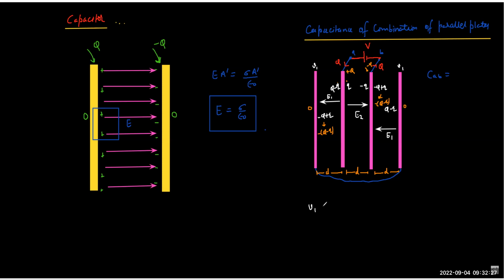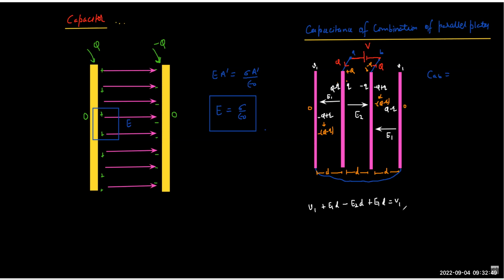So the potential will rise by E1t. Next it will decay by E2t because we are moving along the field, and it will again rise by E1t.